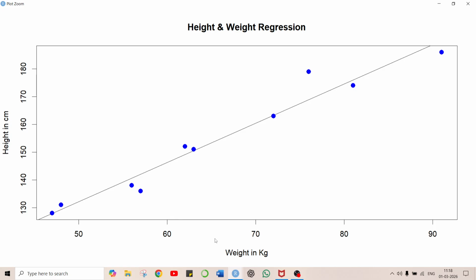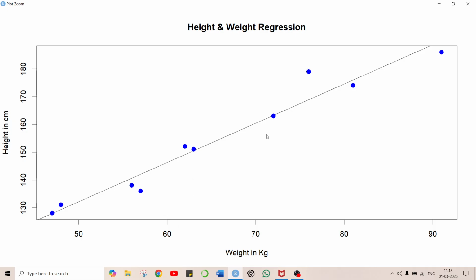Based on the height is the weight. This straight line is the linear regression line. You only have the data points, and this line is formed because of the relationship between your X points and Y points, the height and weight.